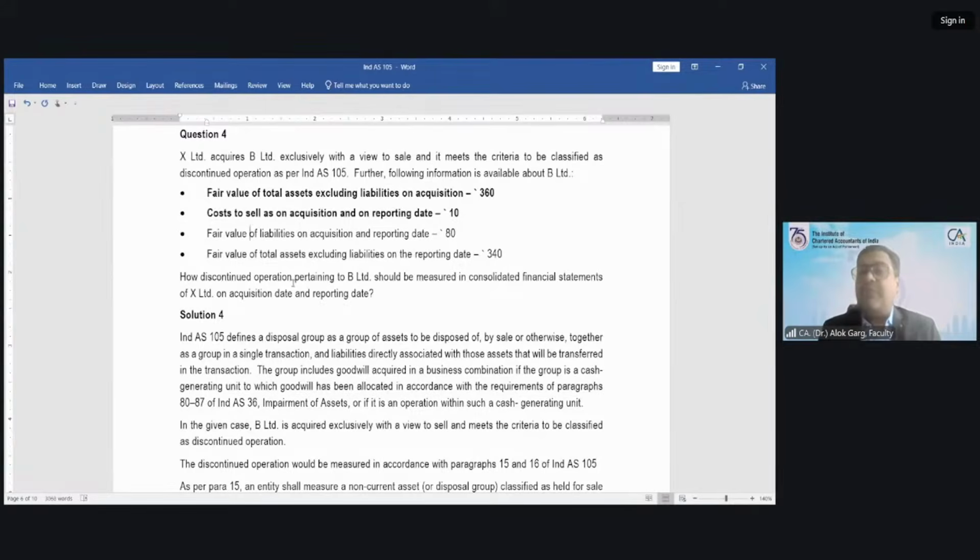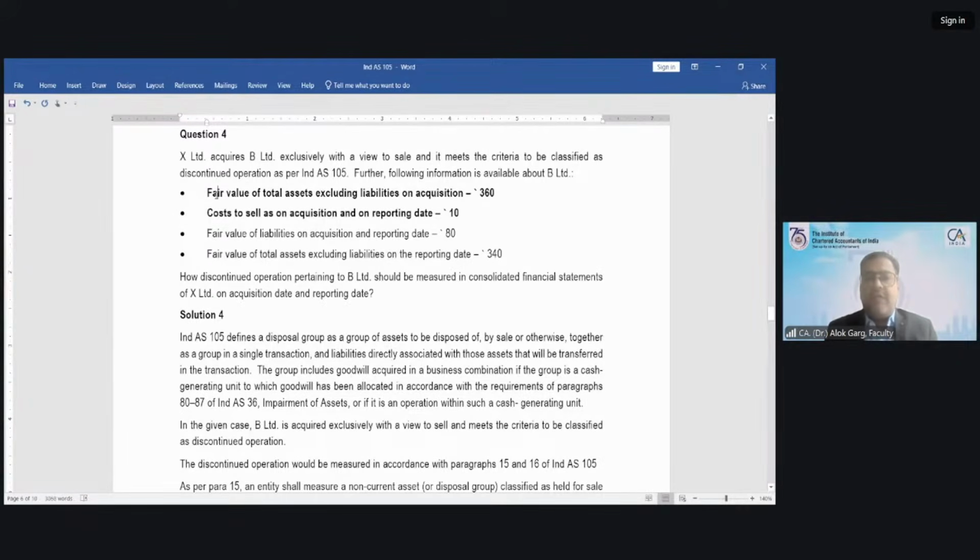If the fair value of the total assets is 360 and of the liabilities is 80, what is the fair value of the net assets? 280, right? And what is the fair value less cost to sell? 270. Or you can also say 360 minus 10 minus 80, 270, right?